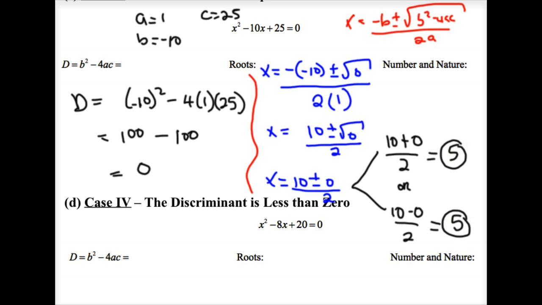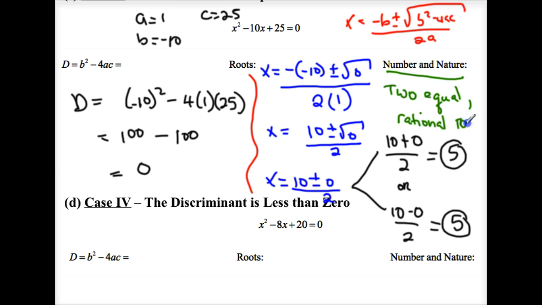Now the last part says the nature and the number. So we know the number here are going to be 2 equal. And then what kind of number are they? Are they rational, or are they complex, imaginary numbers? These are rational numbers, correct. They're not in a decimal form that goes on and on and on.